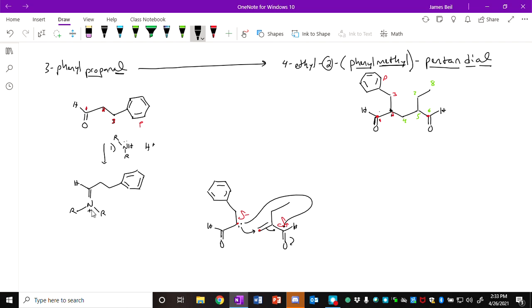It will initially make an iminium ion, and then typically, since that's not very stable, another molecule of the amine will pick up this proton and shift electrons up there to the nitrogen. So that makes my enamine.